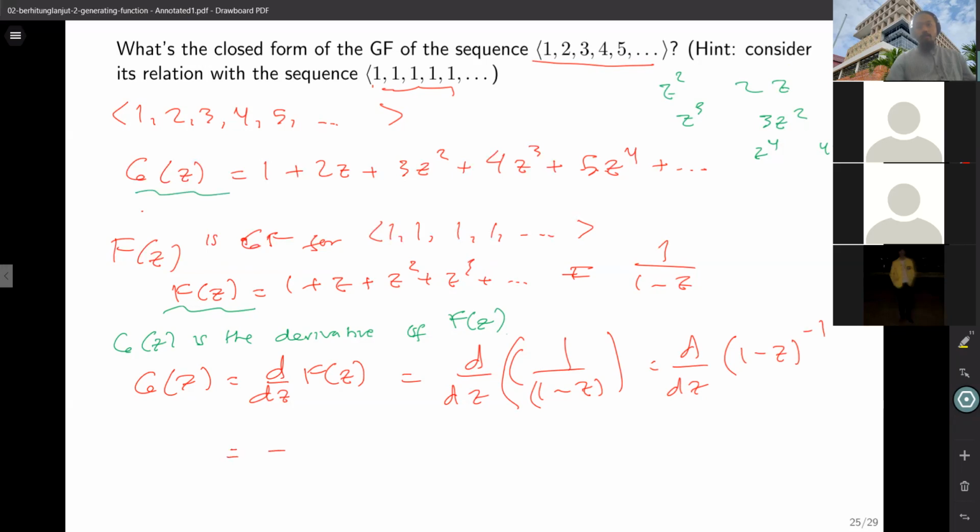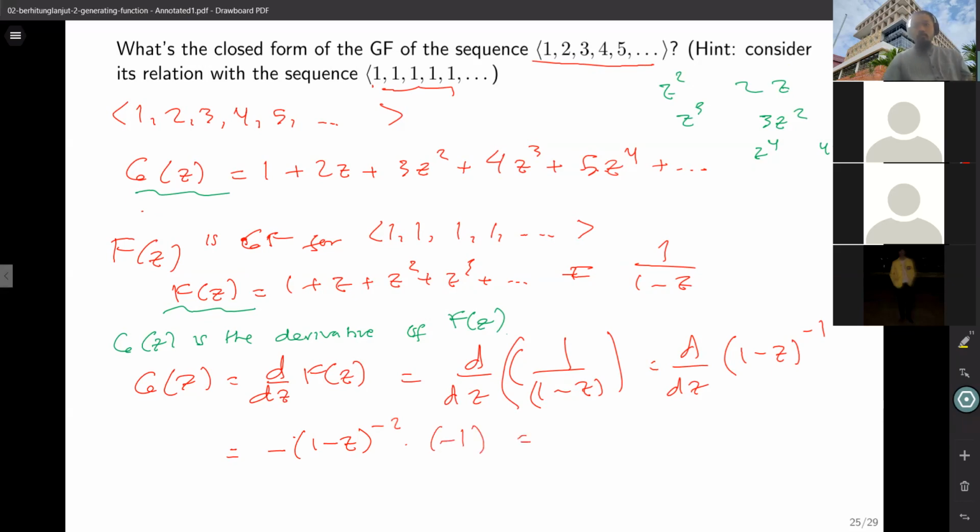So which is minus 1 times 1 minus z to the power of minus 2, times minus 1. So this times minus 1, correct?